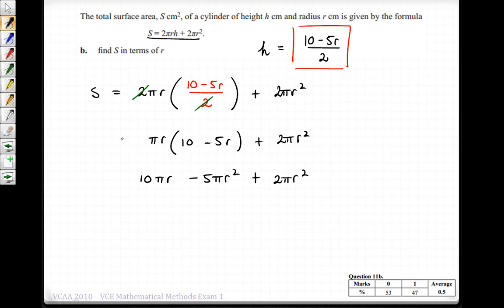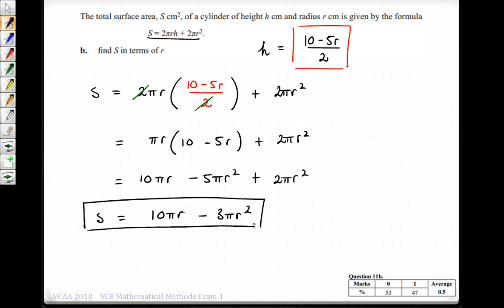The last two terms are alike, so we're left with s equals 10 pi r minus 3 pi r squared. So that's our equation for s in terms of r.